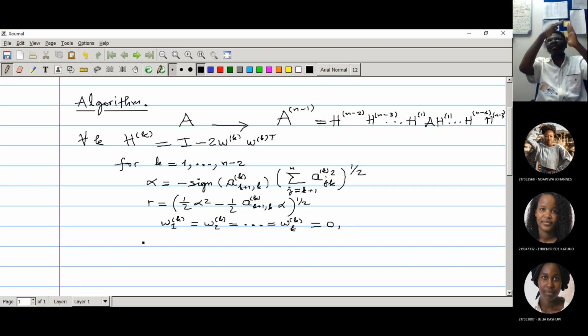The purpose of doing this is to maintain the previously computed entries in the matrix. If you don't set them to 0, when we perform the multiplication, it will alter or modify the previously computed entries. I explained that last time, but I will repeat. That's why we need to put this 0.